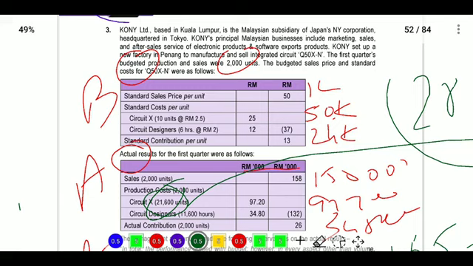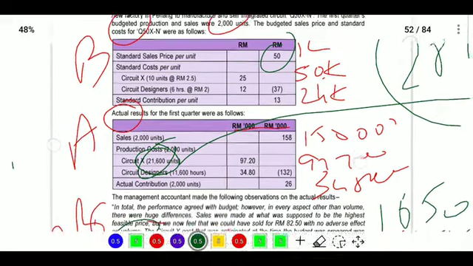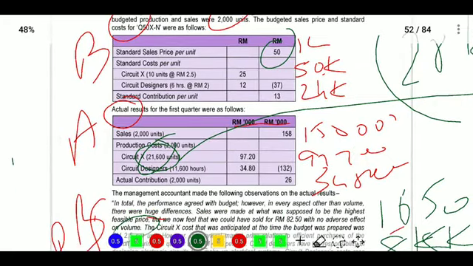Next, we have calculated the circuit X usage and price variance. We will see the sales variance also. What is the sales variance here? Standard price will be 50 rupees. And what is the actual price? They provided directly 1,58,000. So 1,58,000 divided by 2,000 means it will be 79.